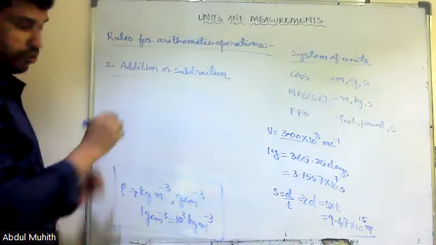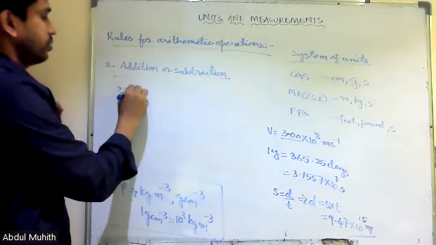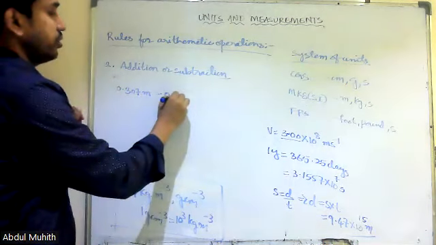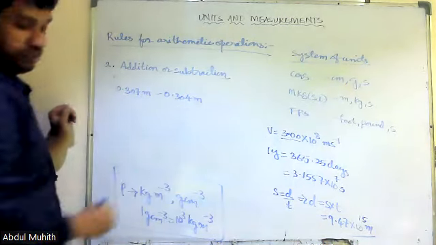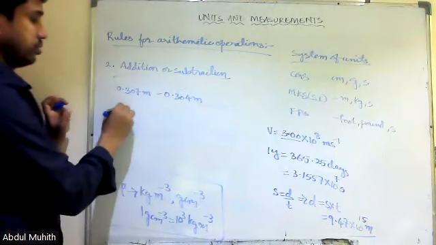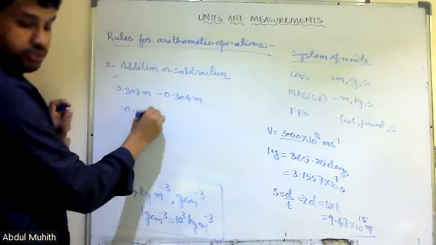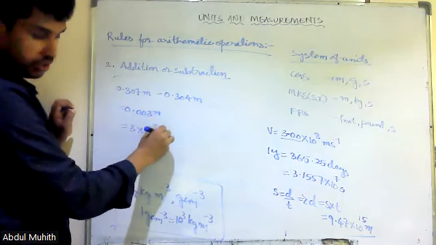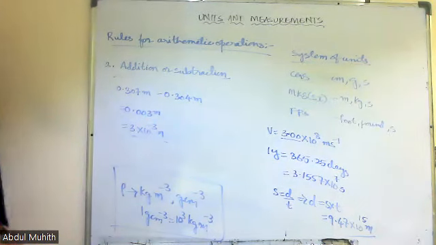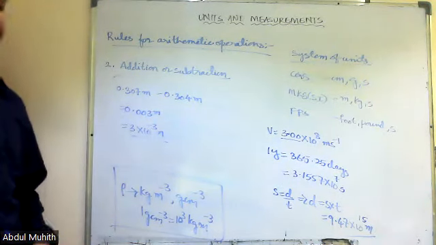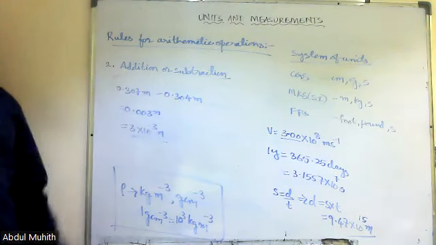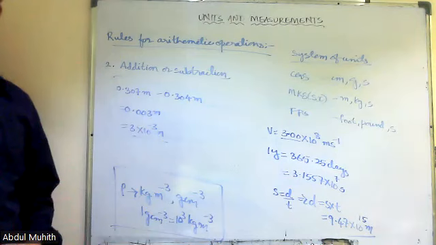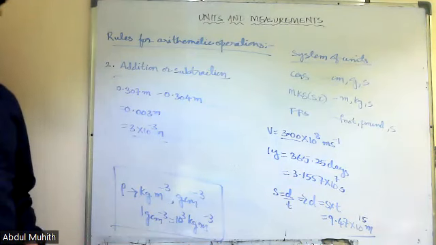So how much is it? 0.7 meters minus 0.304, that is equal to how much? 0.003 meters, which is 3 into 10 to the power of minus 3 meters. So this is about addition or subtraction. When we subtract or add, it should be in the same significant figures, and the answer also should be in the same significant figures.